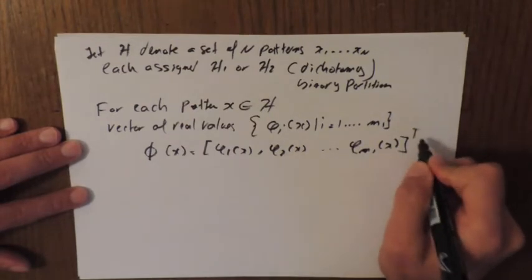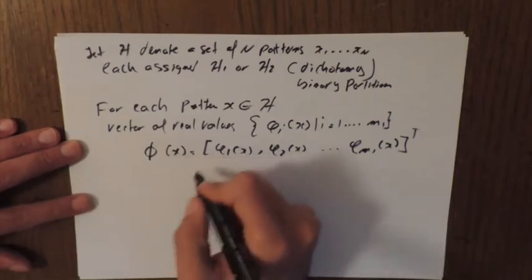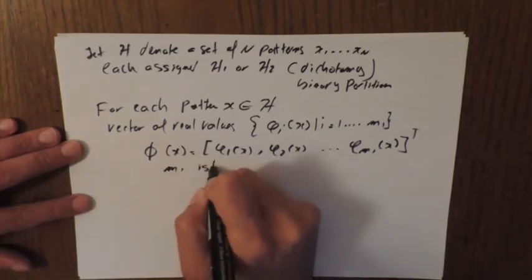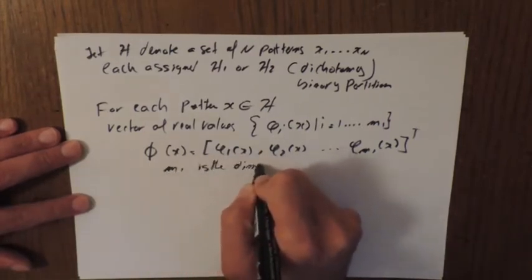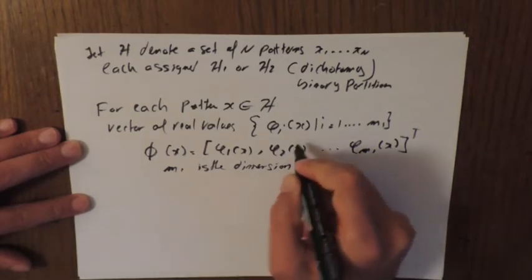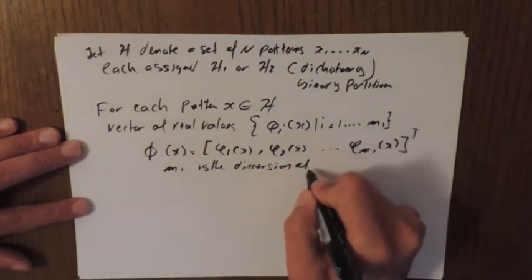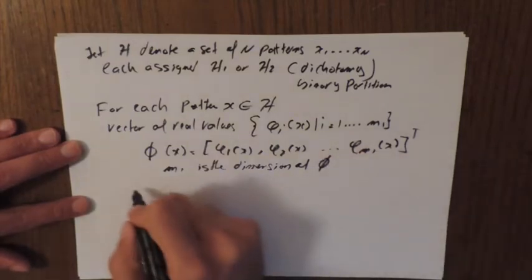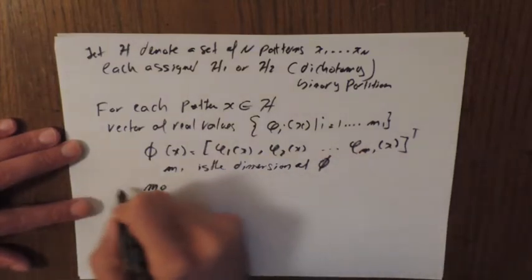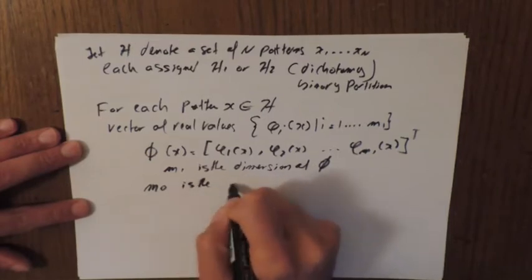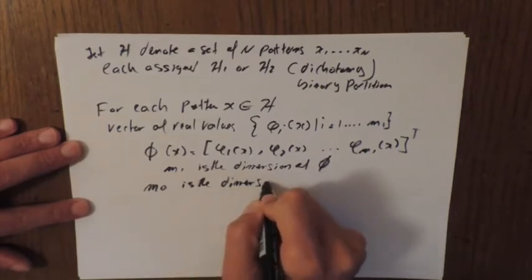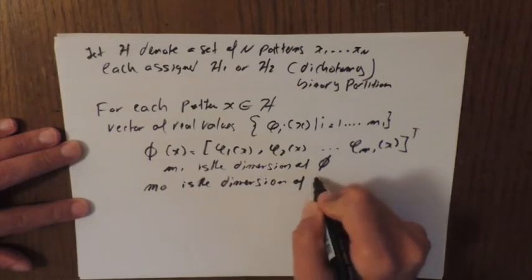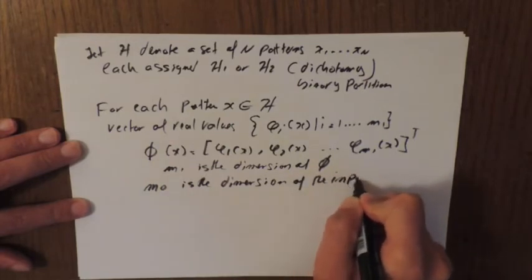So let's say m1 is the dimension of big phi, and let's say m0 is the dimension of the input.